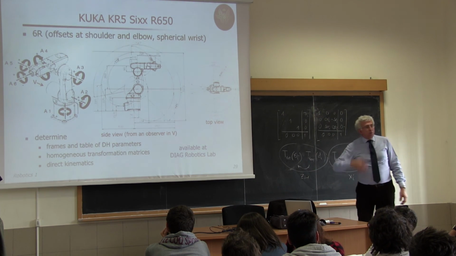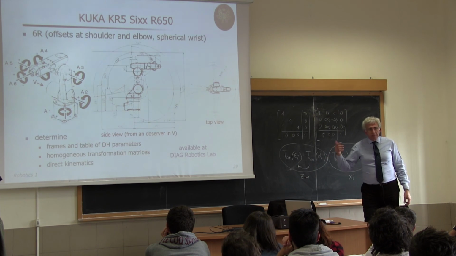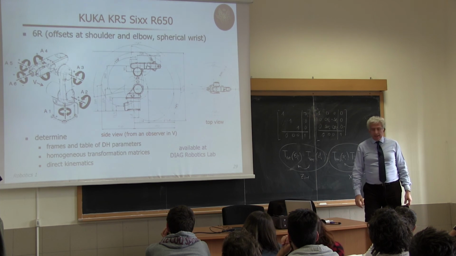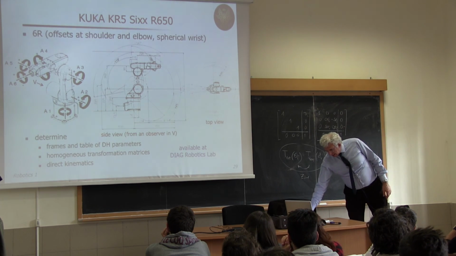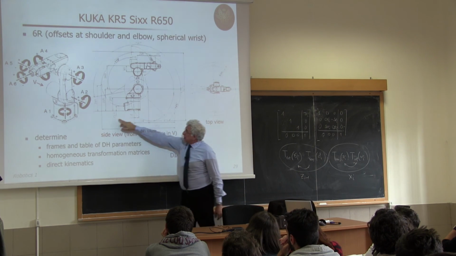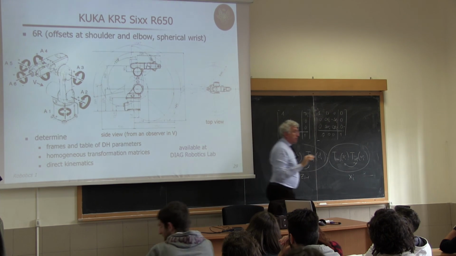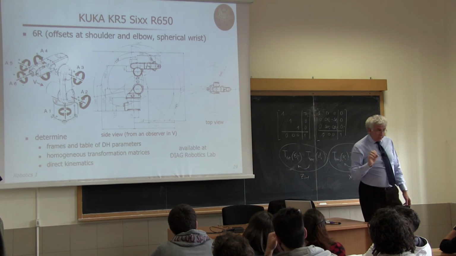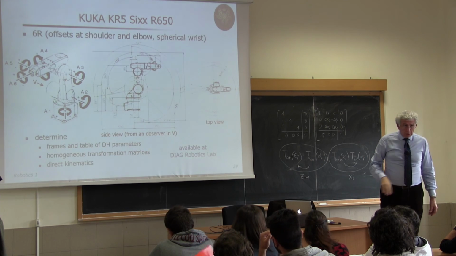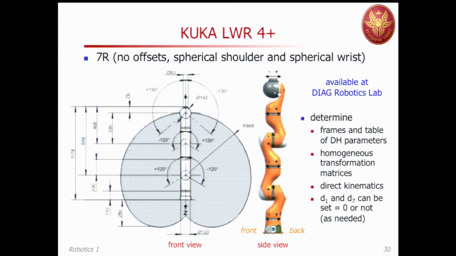And then from there, the homogeneous transformation matrices, and if you wish, using the code or doing it by hand, compute the direct kinematics. And for doing this, it's very useful to have this draft, because on the draft you see also the numbers that you need, and it's a good exercise to recognize which numbers should be used for the direct kinematics.